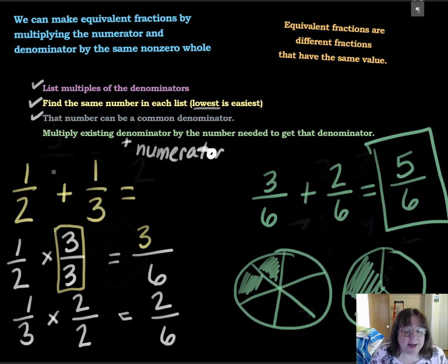We can do our adding and subtracting. We have to have the same denominator. To find the same denominator, we make equivalent fractions. And now you know how to find a common denominator. You know how to make equivalent fractions.